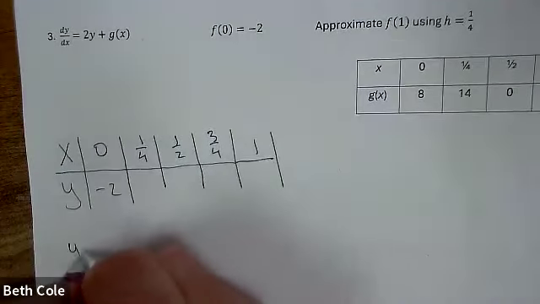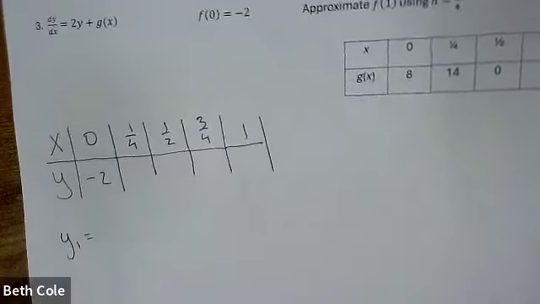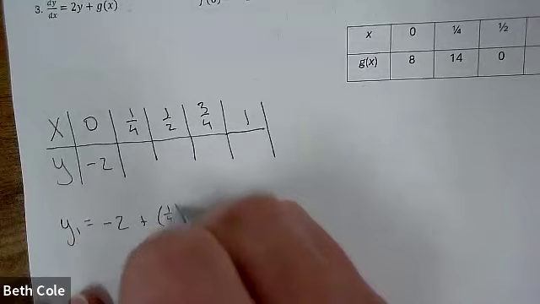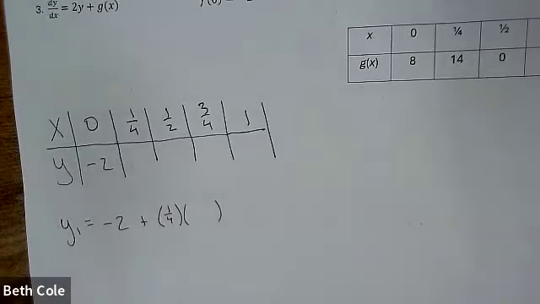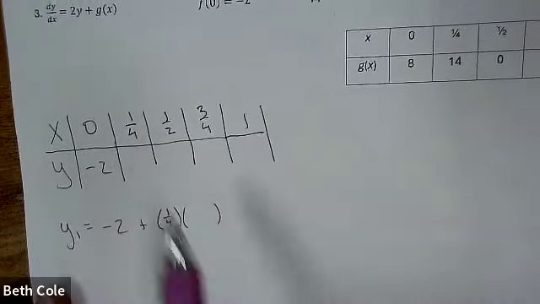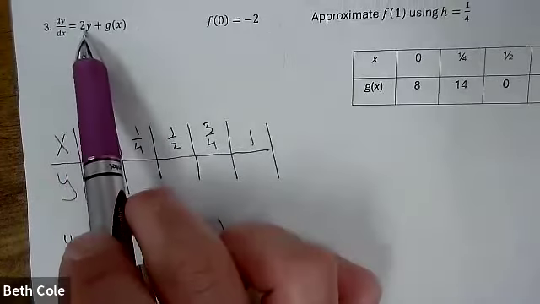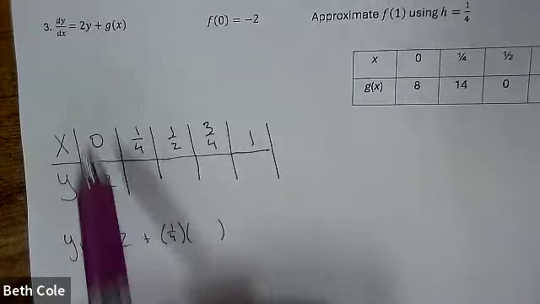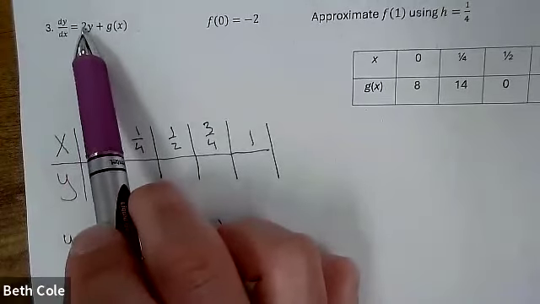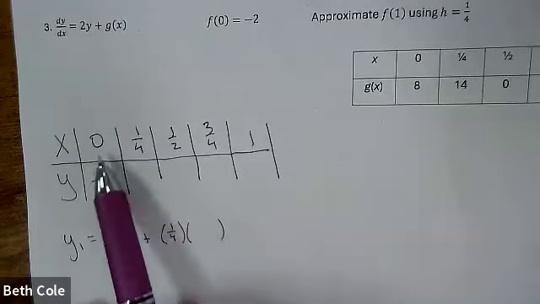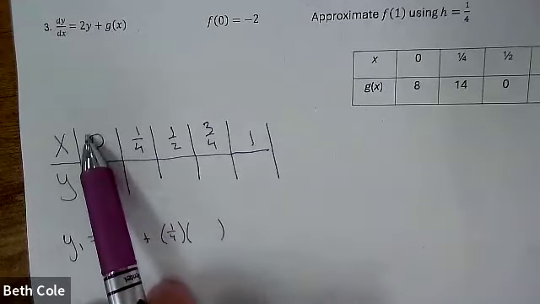All right, here we go. Y sub 1 equals, where do we start? Right, -2 plus 1/4 times the derivative at the previous point. So you're going to plug in 0 for x and -2 for y. So right here, if y is -2, this first part will be -4 plus, and then you want g of 0.